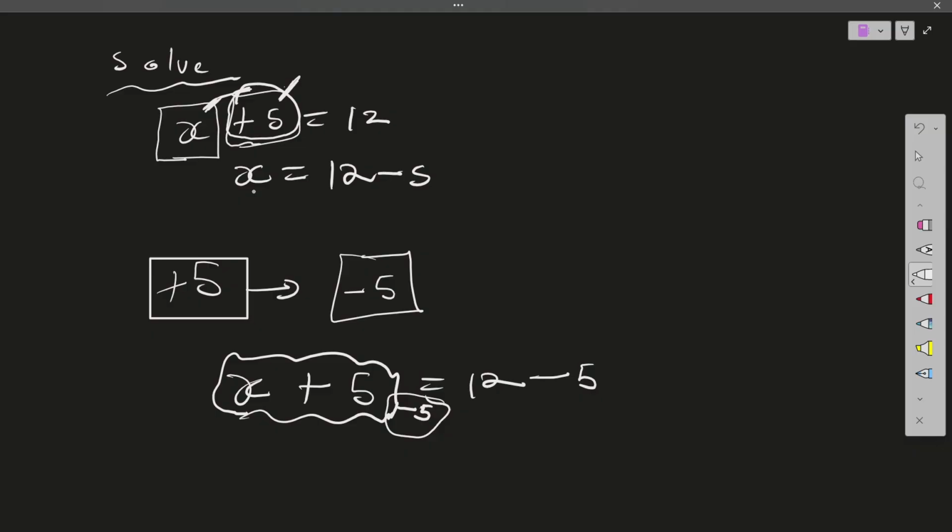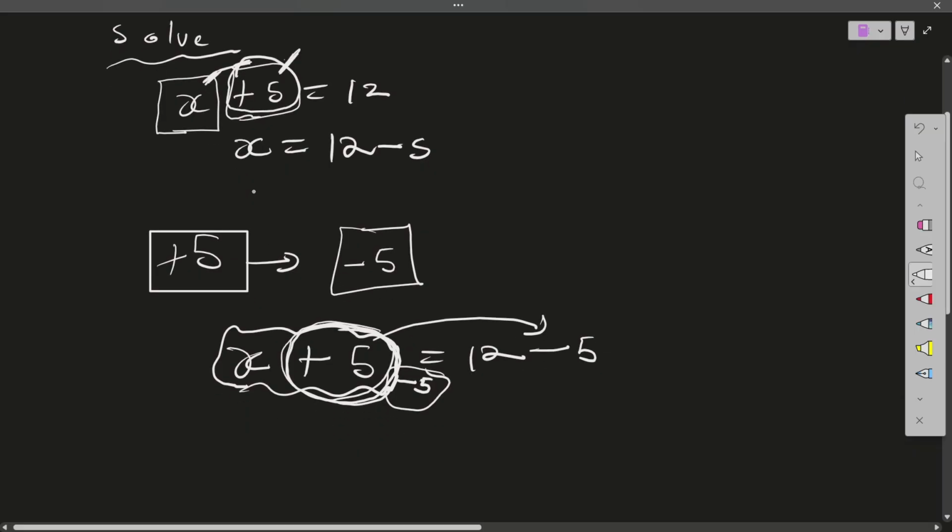Transposing is basically removing whatever is on this side to the other side. We do that by using the opposite of whatever sign the number next to the unknown has.